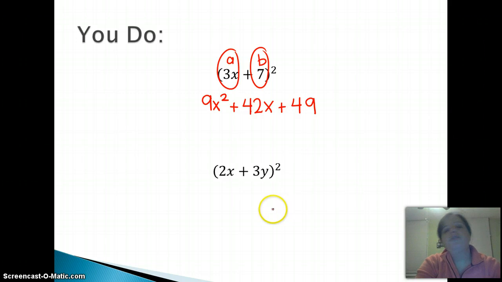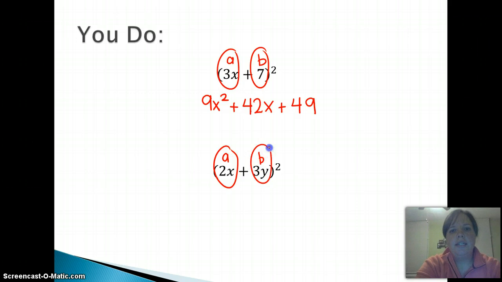These formulas can be applied to more complicated situations as well. Throwing in multiple variables, you just follow the exact same pattern. It's a squared, so 2x squared, plus 2 times 2x times 3y.